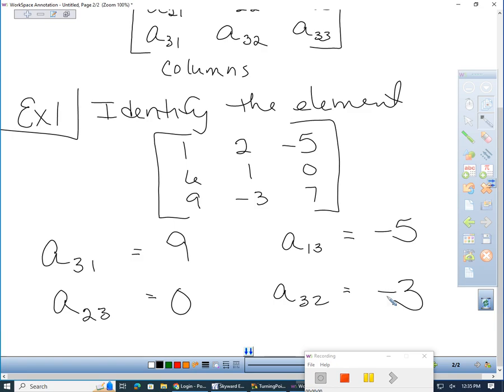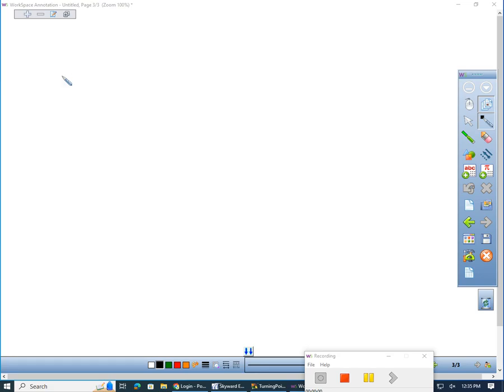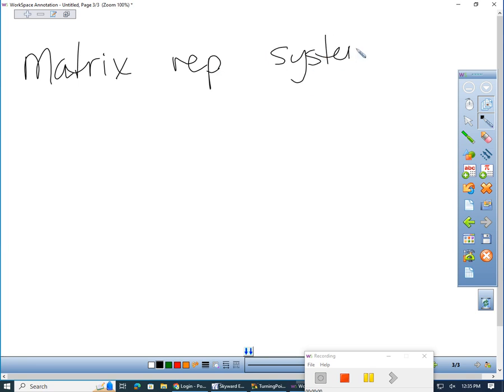This is a start. This is the beginning. So I said that a matrix represents things. One of the things it represents is a system. A matrix that represents a system is a coefficient matrix.